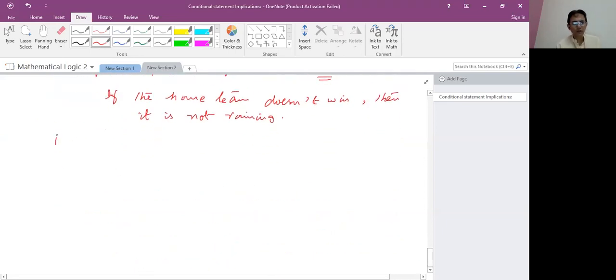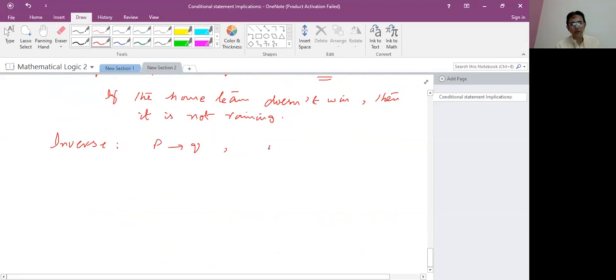Now what is the inverse? First, we write the conditional statement. P implies Q is the conditional statement.